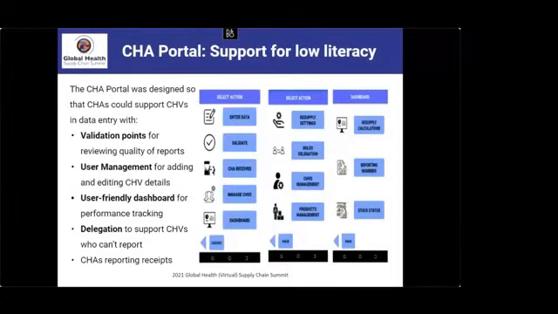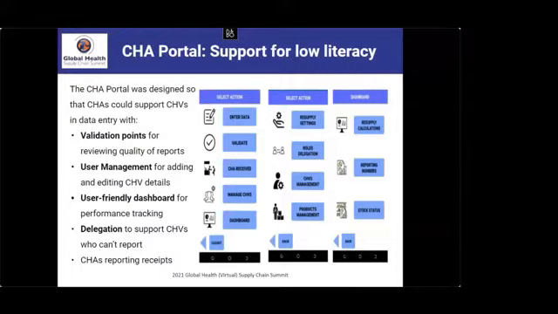The CHA portal supports the CHVs. The CHA uses this to support the CHV, and what the CHA is able to do on validation, they're able to review quality of reports that the CHV submits. It has the user management, which enables the community health assistant to add CHVs or edit details for existing CHVs.